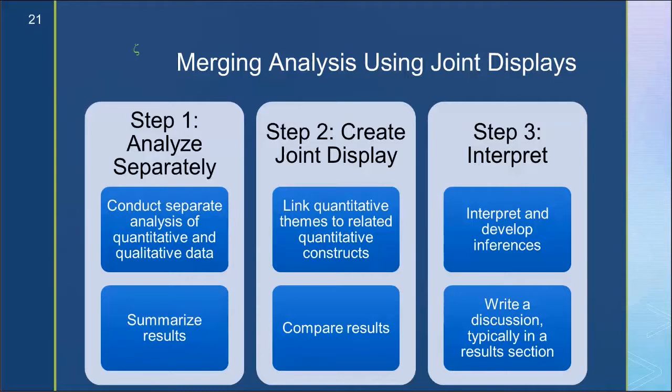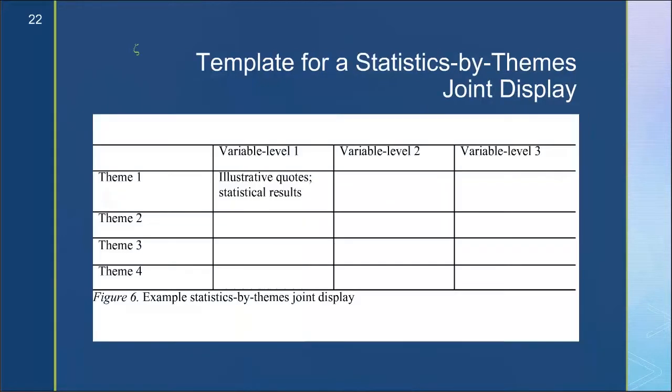Step 2, create a joint display where we're linking, and this is a typo, it should say qualitative themes to related quantitative constructs. So the idea is that we're comparing on similar concepts, if you will. So for a certain qualitative theme, what's a related quantitative construct or item on a survey or component? And then we're comparing those results. And then in our interpretation, we're interpreting and developing inferences, and we write a discussion of that. We write a narrative about that.